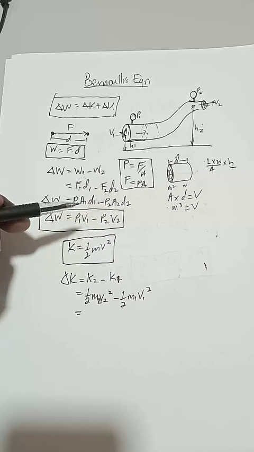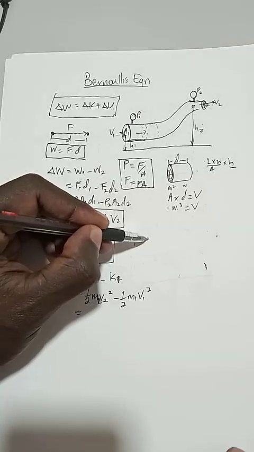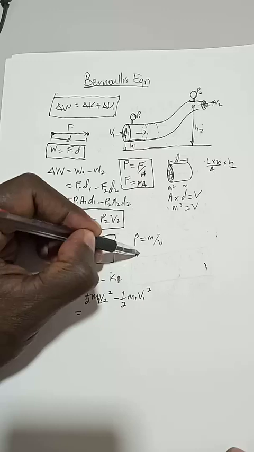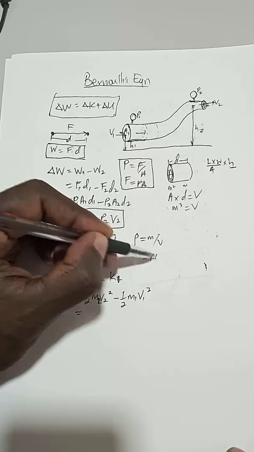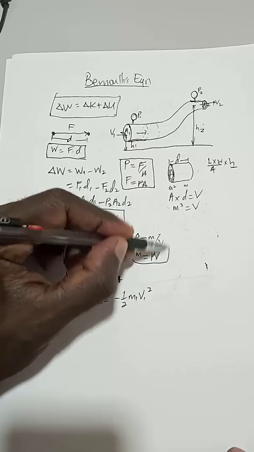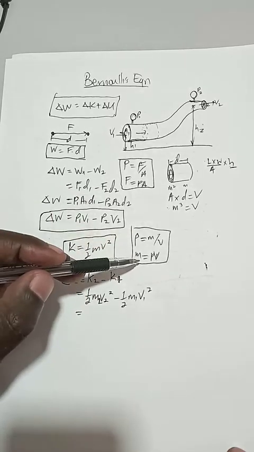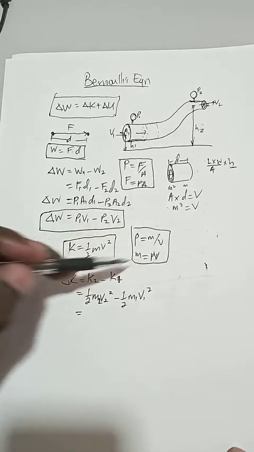Now we have the same equation, density equals mass over volume. Mass is equal to density times volume. So instead of m, we can replace it with density times volume.